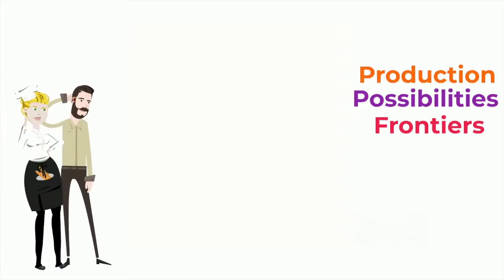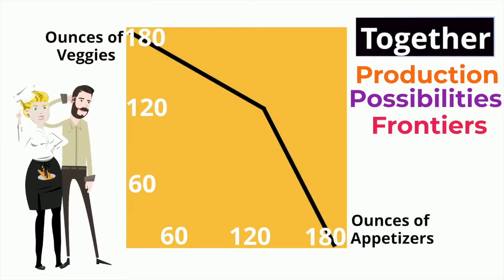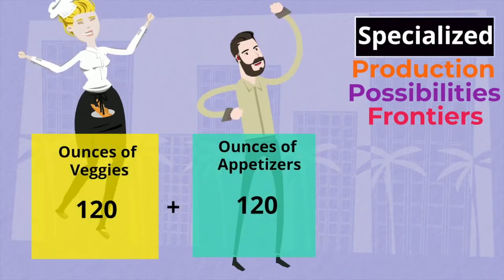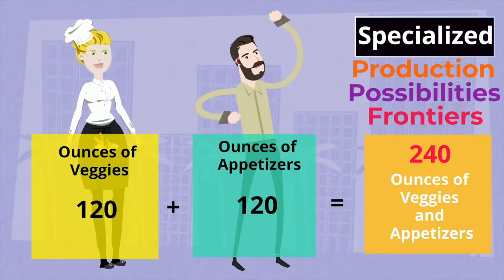If Martha and Gordon merge their production possibilities frontiers together, the maximum productivity is 180 ounces of either veggies or appetizers. But if Martha and Gordon work together, specializing in what they do best, they can produce 240 ounces of veggies and appetizers for the party.